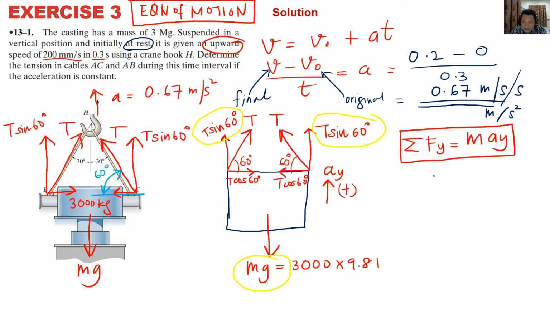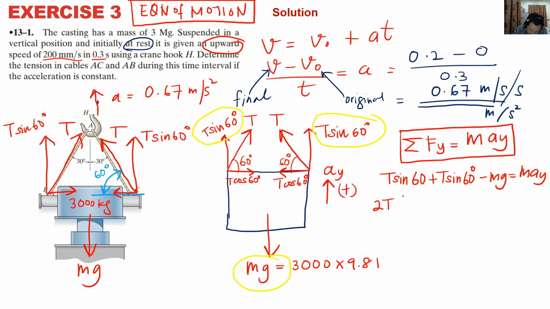When you write it down, it's going to be T sin 60 plus T sin 60 minus mg is equal to m ay. So might as well write down 2T sin 60.